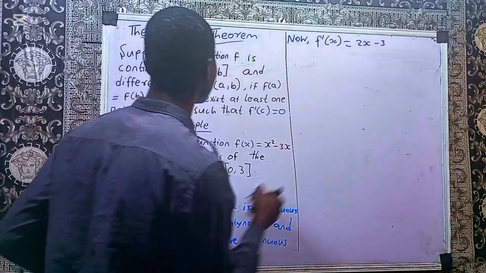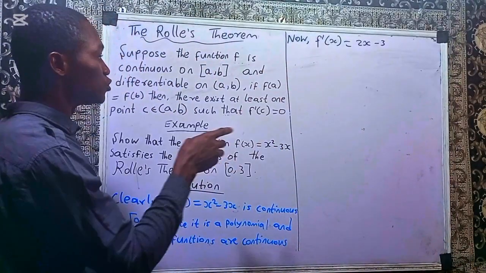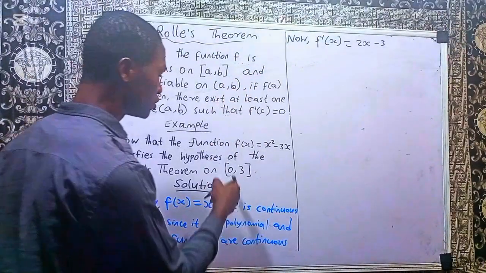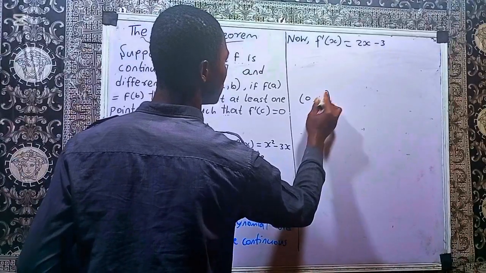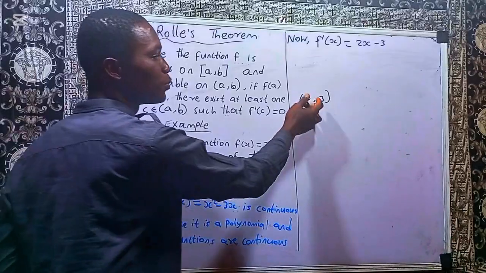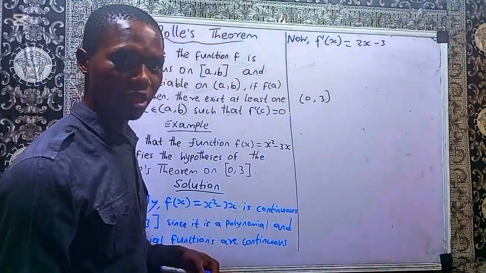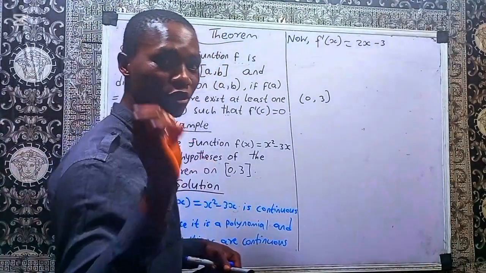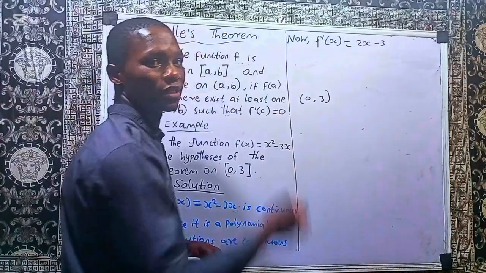Now we want this to be continuous on the open interval. What is the open interval? (0, 3). Is this thing continuous on this open interval? Of course, this is a polynomial, right? Polynomials are continuous everywhere on the real line, so it must be continuous on this open interval.